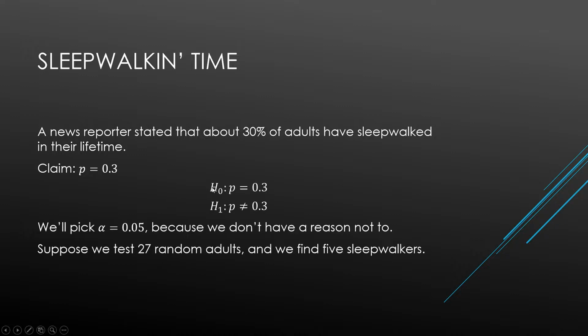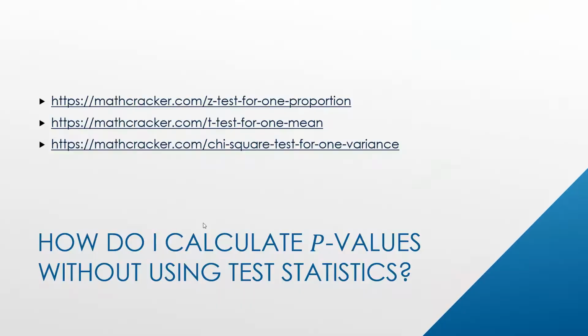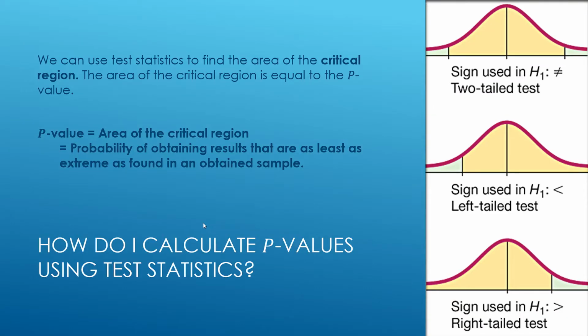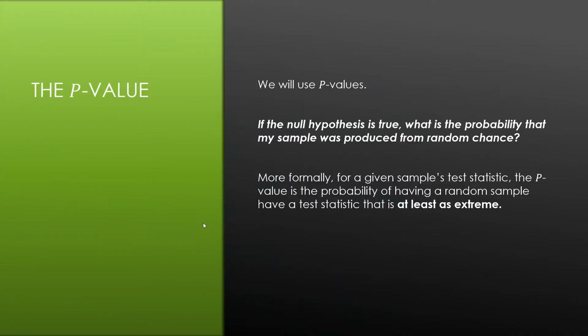So the p-value that we're going to shoot for here is: given that 30% of all adults sleepwalk in their lifetime, what's the probability that we get 5 out of 27 in our sample? That is what the p-value is.